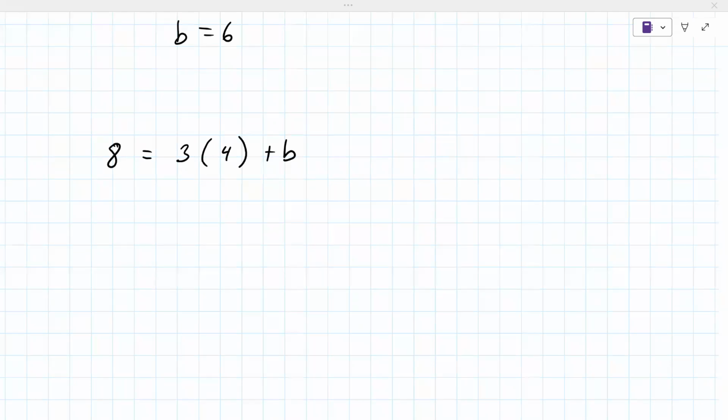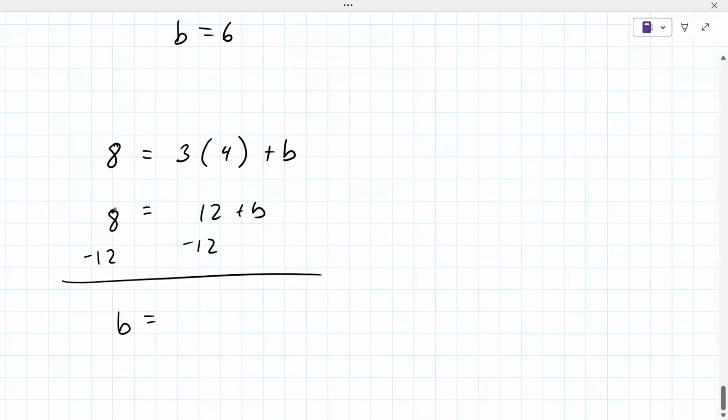Would it be -4? Okay. 8 equals 12 plus b, subtract 12. Yeah, b equals -4. Very good.